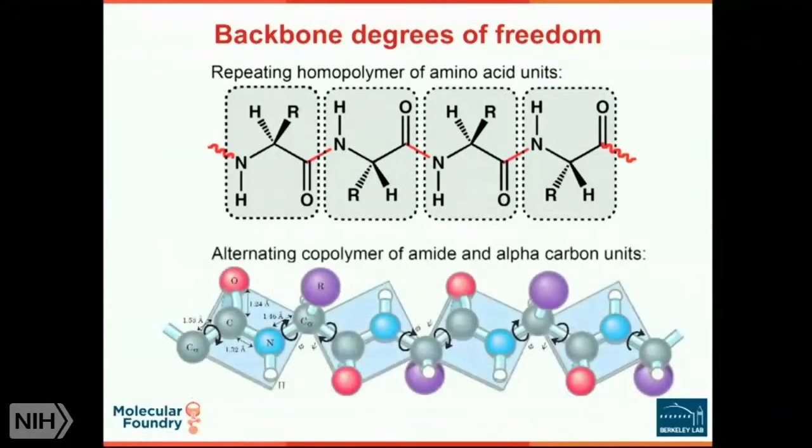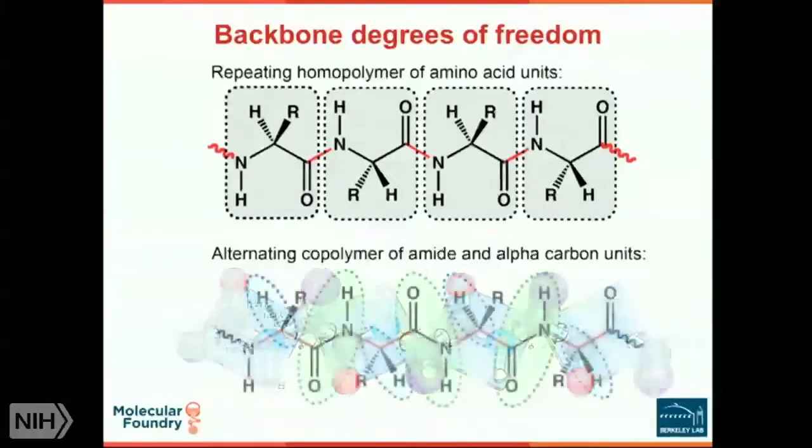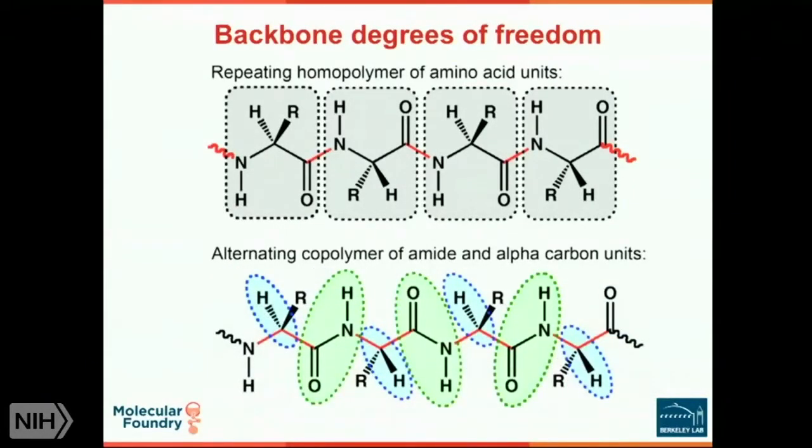And so, as we also learn in textbooks, the amide units are planar, and the only bonds that really rotate are these phi and psi dihedral angles. So if we're going to build a model, rather than make amino acids that link together, what we really want to do is create amide units that are connected to alpha carbon units.